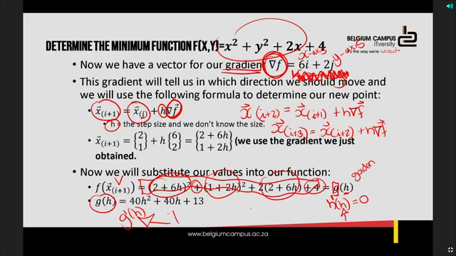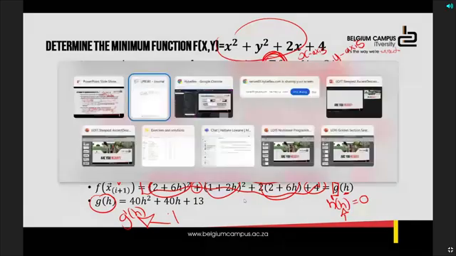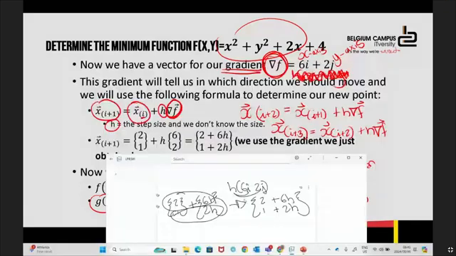So what's a long way which has been embedded in your brain? That is FOIL, or normal algebra. So you're going to expand your brackets and then add like terms. Let me go here and say, remember our function originally in terms of x and y was x squared plus y squared plus 2x plus 4.